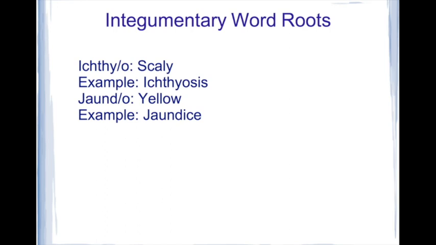Okay, kerato, like keratin. That's the prime example in the integumentary system. We have keratin all over the skin, right? Keratin means hard. So it's a hard area of the skin, usually caused by an increased amount of pressure and friction on an area.